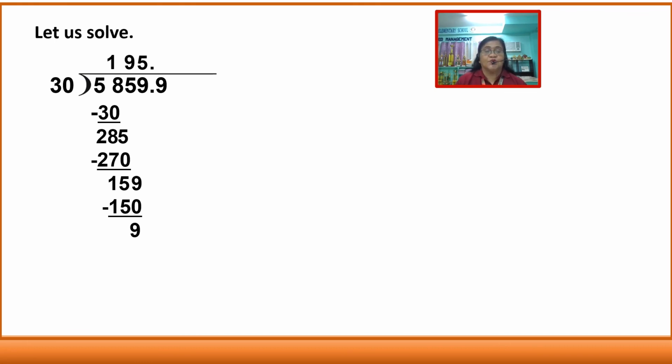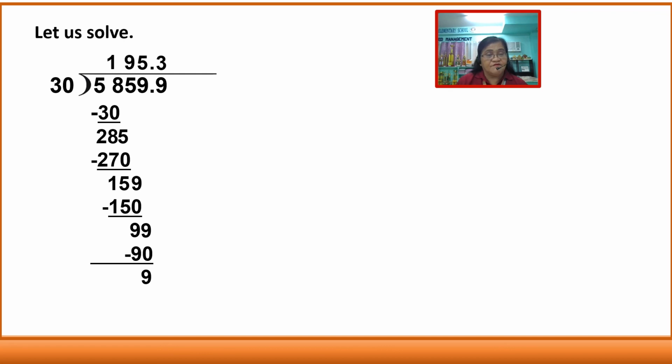Let's continue. 9 is very much lower than 30, so we have to bring down 9 so we can divide it. 99 divided by 30 is equal to 3. 3 times 30 is equal to 90. 99 minus 90 is equal to 9.